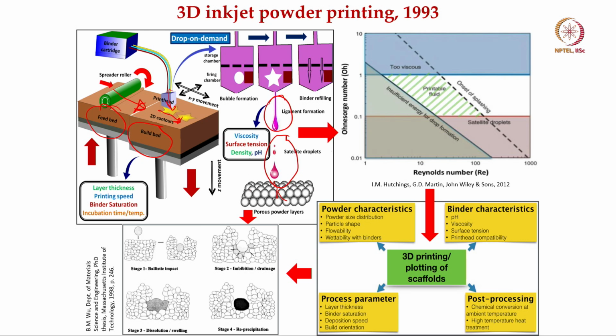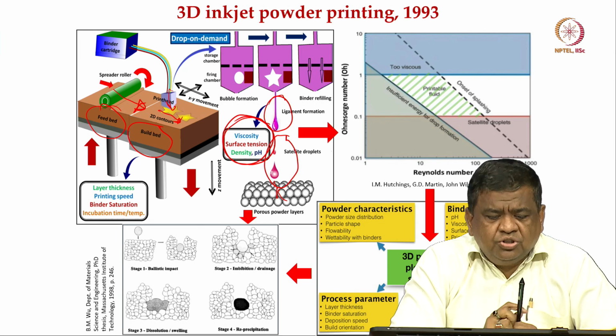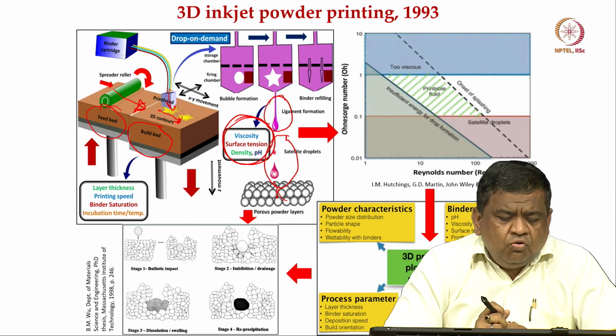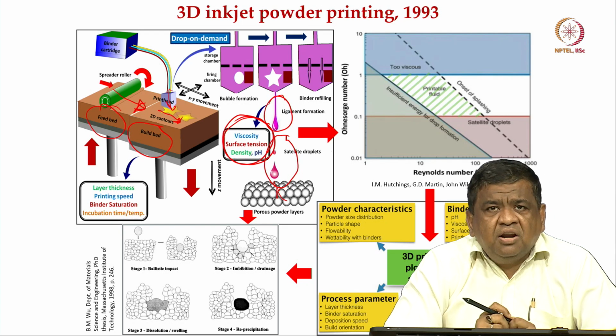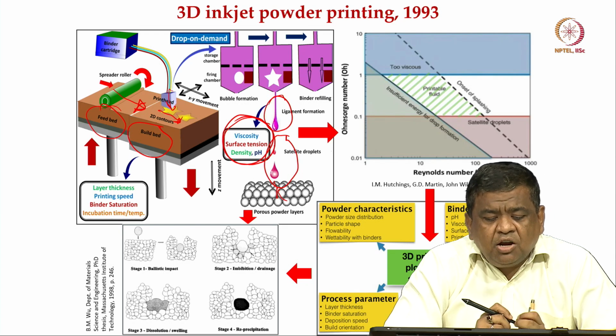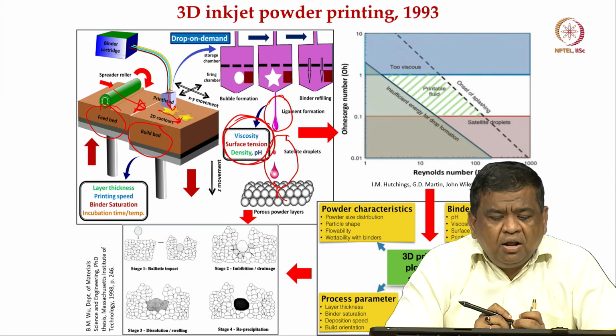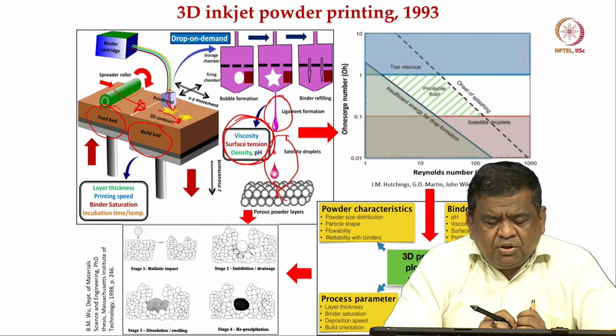After the interactions, depending on the viscosity, surface tension, density and pH of the binder, the binder will penetrate. I will show you some of our fundamental study on that, where we have used a synchrotron source to understand how this binder interaction takes place, particularly the spatio-temporal interactions of the binder with the materials.